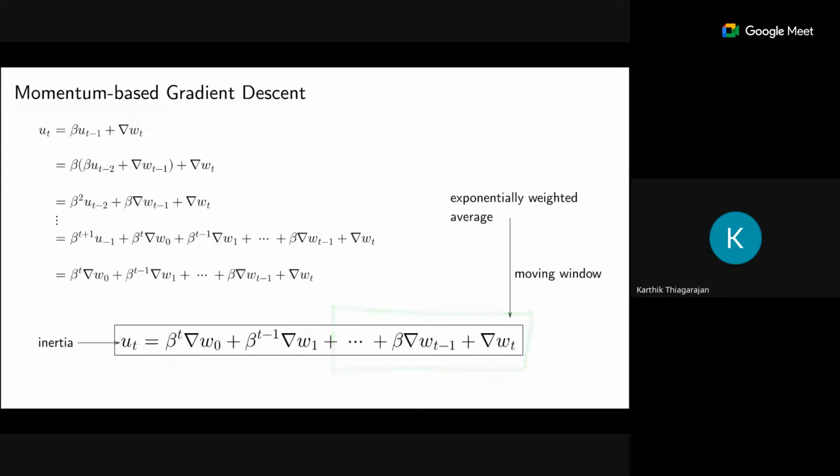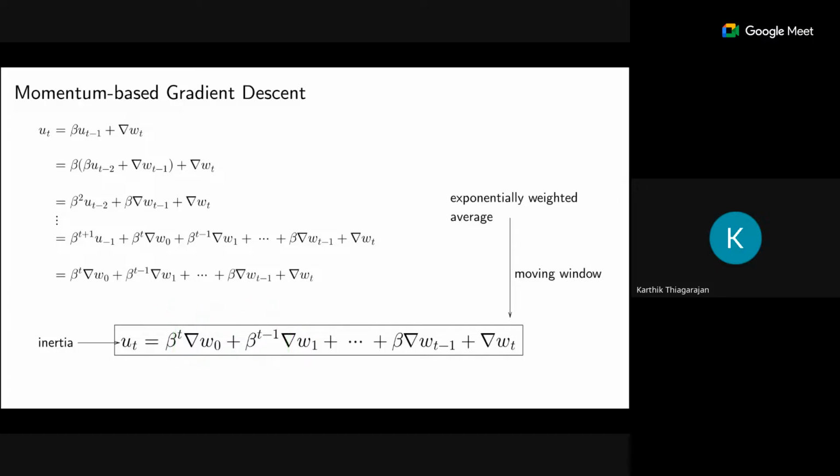And if you think about it, this is like a window that you keep moving to the right. Currently this is the window. After one time step, the window will move a bit to the right. After another time step, it will move a little more to the right. So this is also looked at as a moving window where you're only interested in the history, maybe for the last 10 time steps. Beta power 11, beta power 12 will be so small that they can all be effectively treated as zeros.